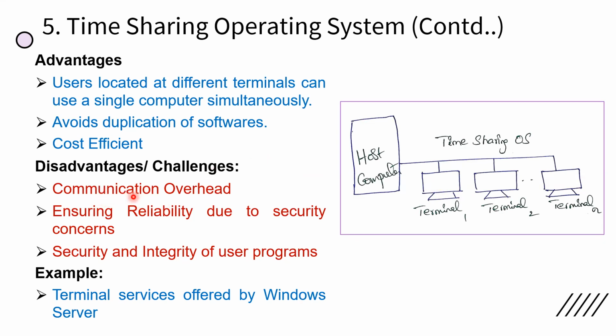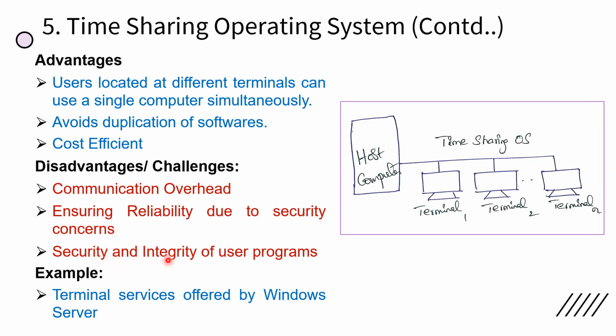Coming to the drawbacks, there is a communication overhead. Each time a process has to be executed by any of these terminals, the request has to go to the host computer, and the host computer performs the computations and sends the results back to the terminal. Due to this, there is a communication overhead between the host computer and the terminals. Since the data is communicated between the terminal and the host computer, there is a security concern, because communication is involved and it is not so secure.